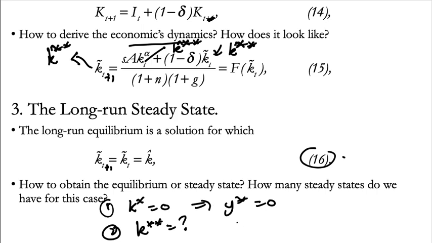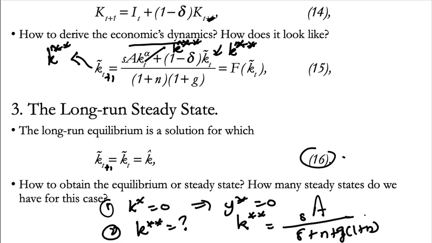I can give you the solution, but you have to find out how to reach this solution. So you have (sA divided by (delta plus n plus 1 plus g, times 1 plus n)), and then in brackets, 1 over (1 minus alpha).